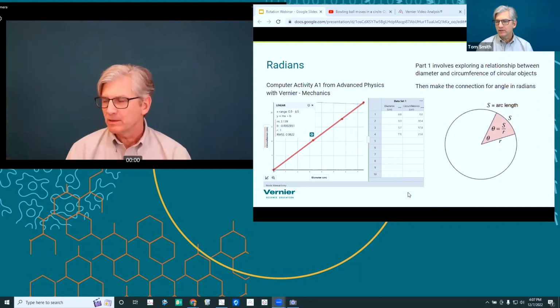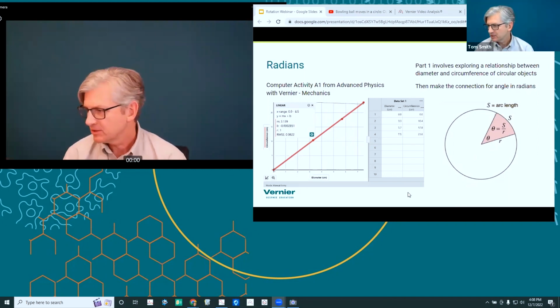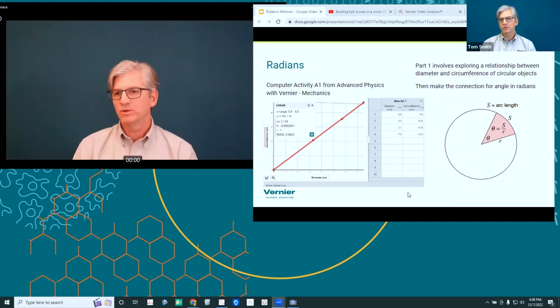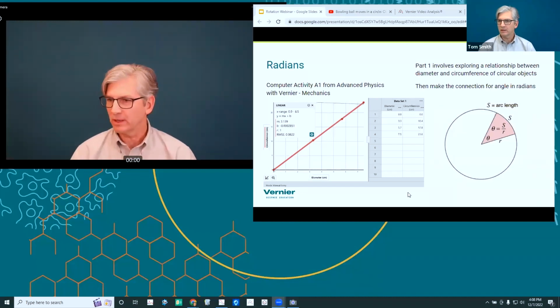One of the activities that Arons recommends is spending some time with students doing a very basic activity where they go find everything around the classroom, measure the diameter and the circumference, plot the two against one another, and get a sense for what that looks like.